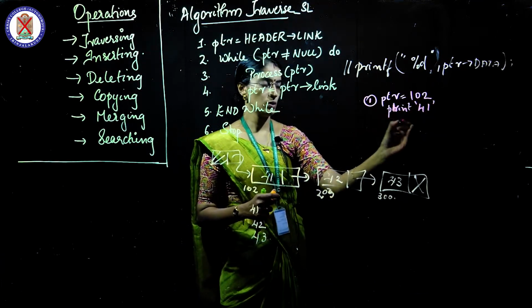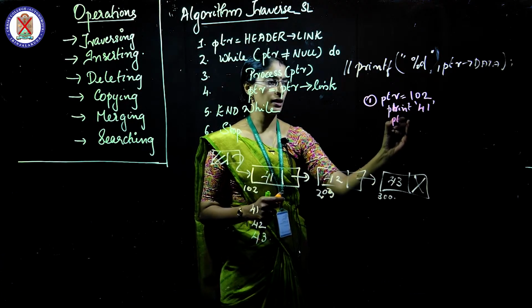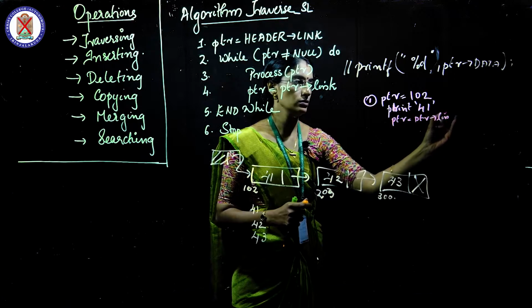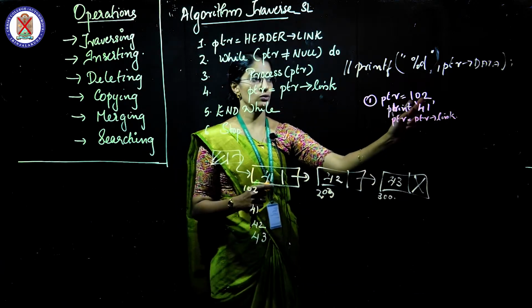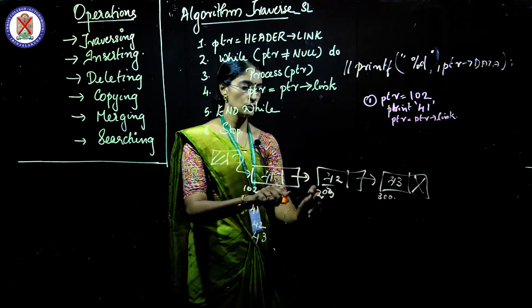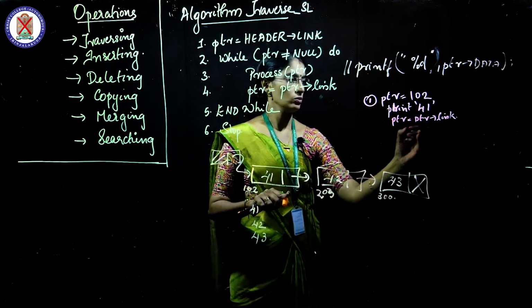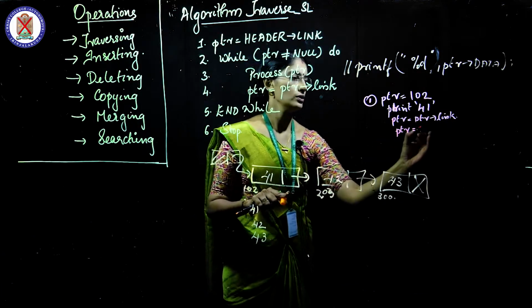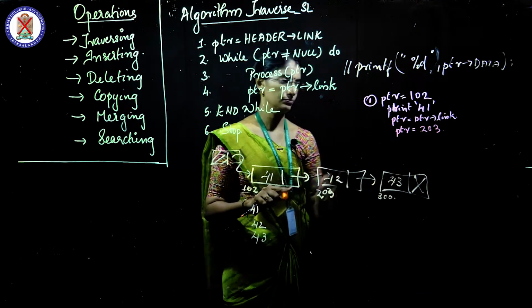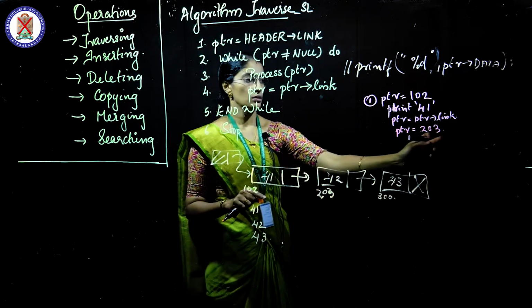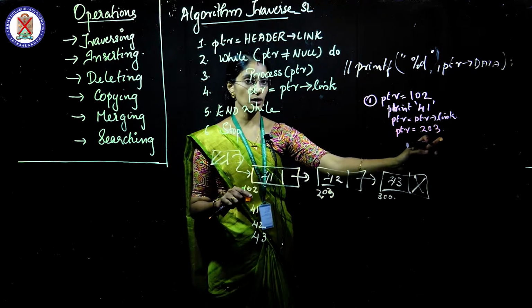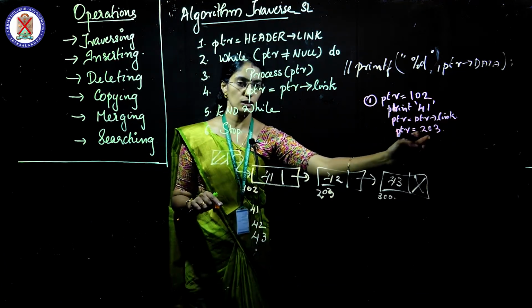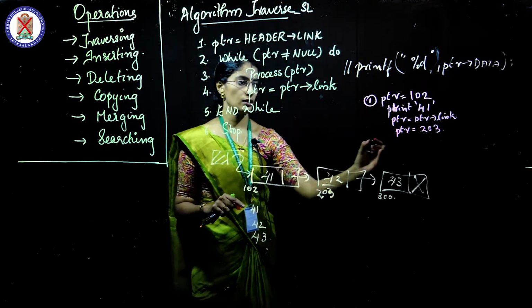Okay. Now one more thing has to happen. ptr is having the value of ptr link. What is in the link part of 102? It will be 203. So that means now ptr will have a new value of 203, right? Now ptr will be pointing to the second node. Now this loop again continues since ptr is not null. What happens in the second running?